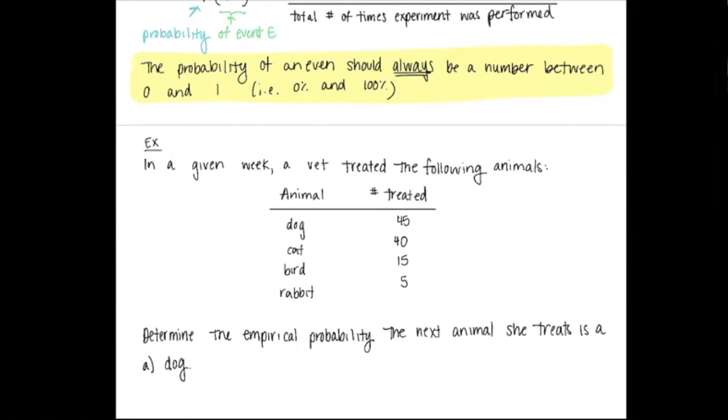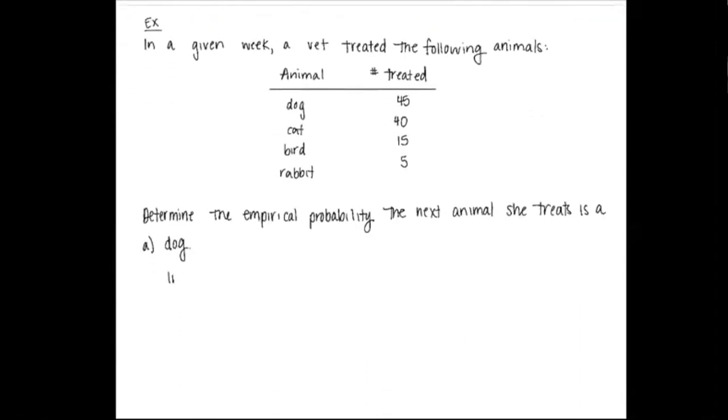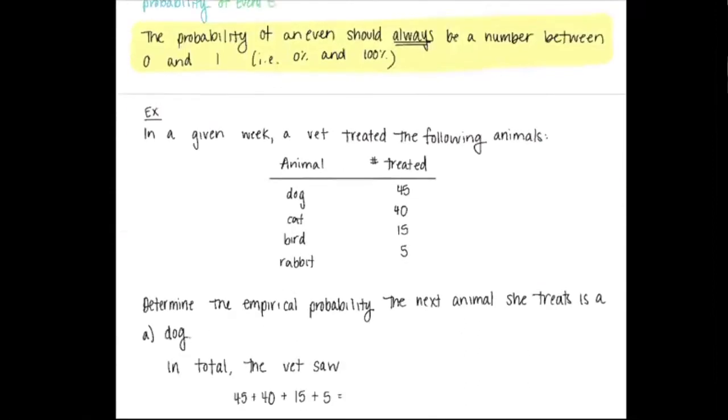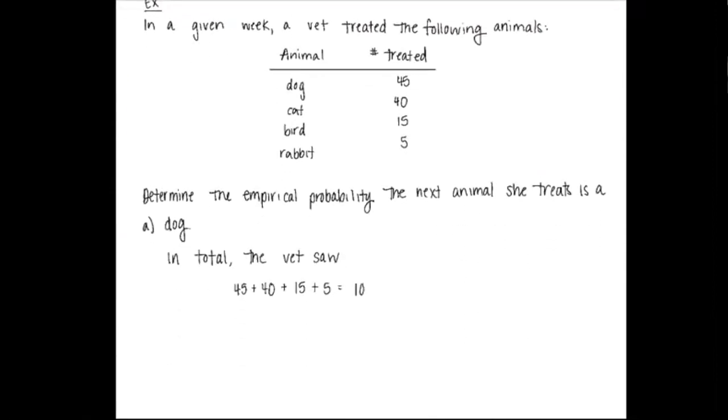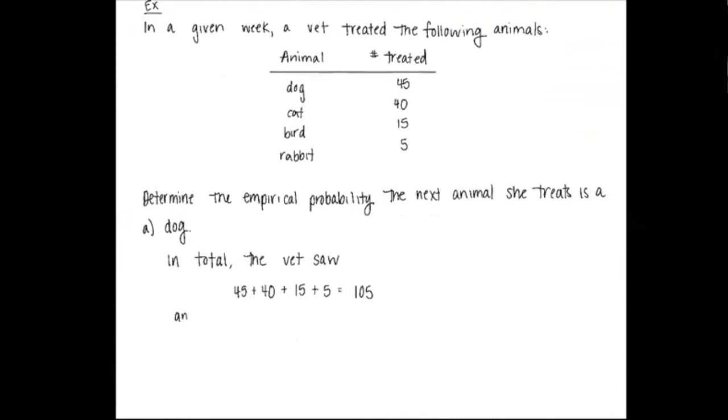So what do we have to find? The total number of animals she treated. You got it, yeah. So in total, the vet saw 45 plus 40 plus 15 plus 5, which if you add all of those together, you get 105 animals.